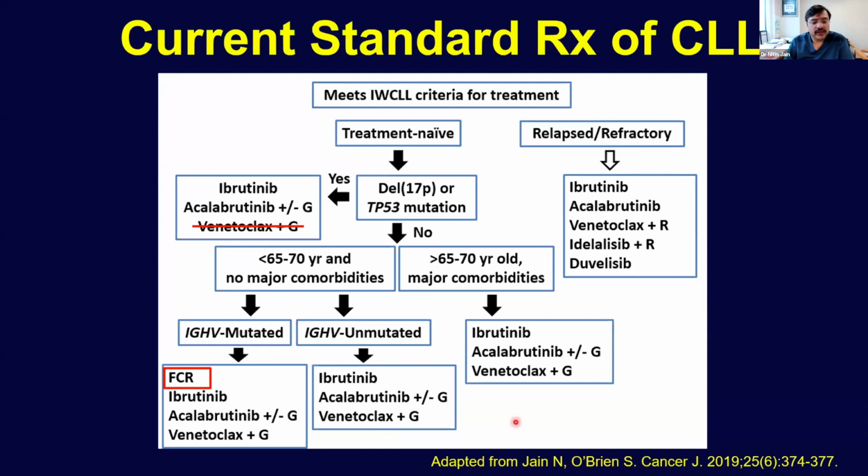And one thing I would say is that if you have a patient with deletion 17p or p53 mutation, though venetoclax plus obinutuzumab is approved, there is data, which I'm going to share with you, that these patients may not derive long-term benefit with 1 year of therapy. So for these patients, a BTK inhibitor, either ibrutinib or acalabrutinib, would be the preferred choice.